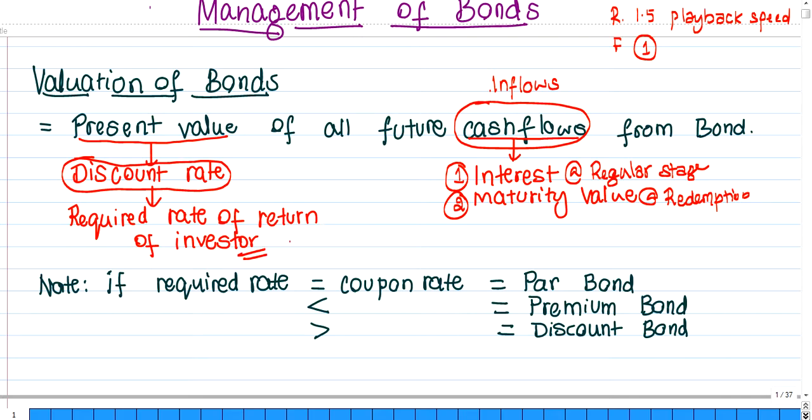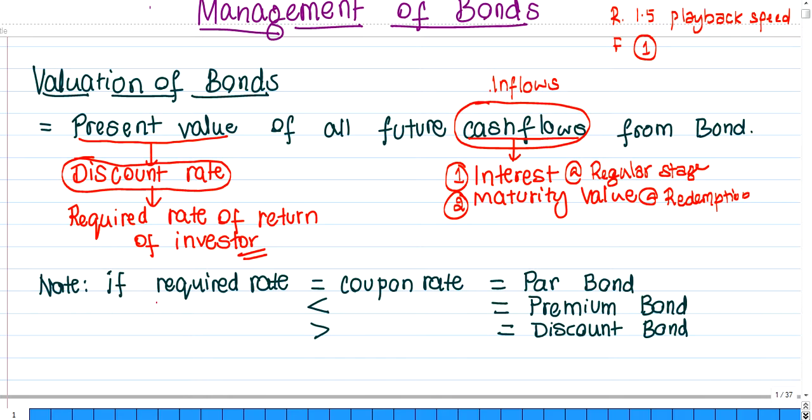Mr. A may have a different required rate compared to some other person. Mr. A may have, for example, a 10% discount rate, Mr. B may have a 9% discount rate, according to his wish of rate of return from the bond.